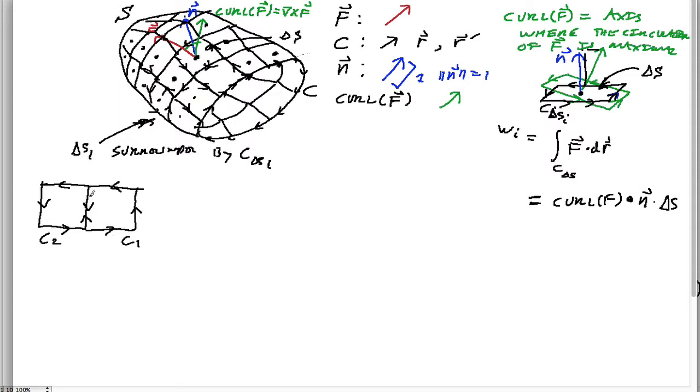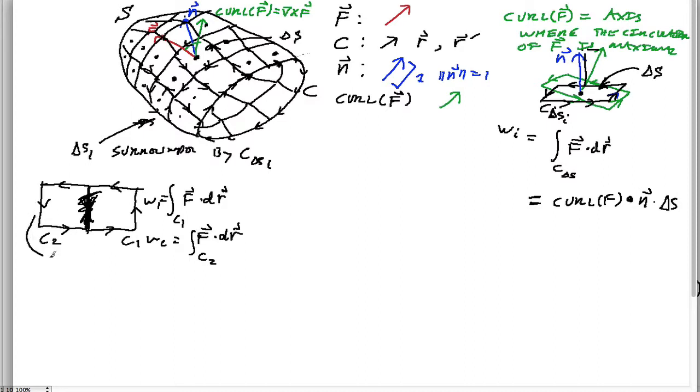So if I want to compute this work integral here as C1, call that W1, it's the integral of F dot dr. And then I also want to calculate W2, the integral over C2 of F dot dr. These two work integrals share a boundary where we have opposite paths going there. So at the boundary, the work when you go this way and that way will cancel, and that's erased.